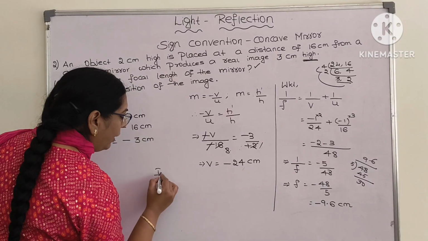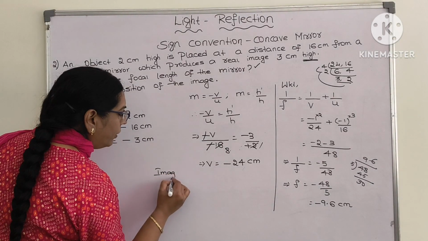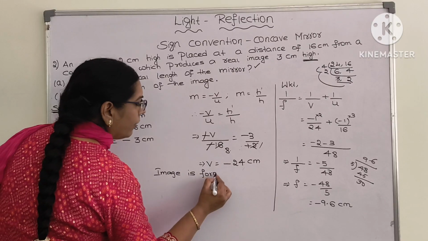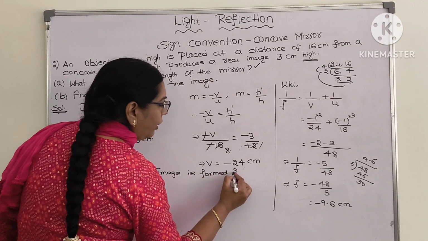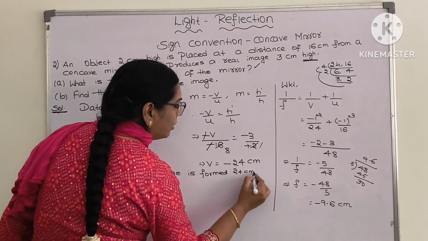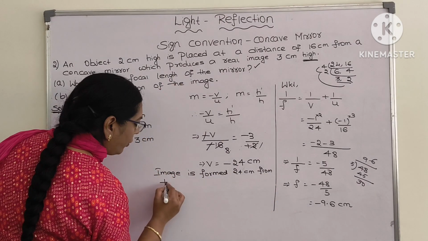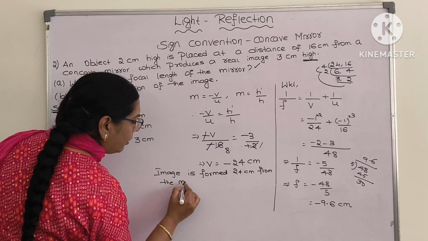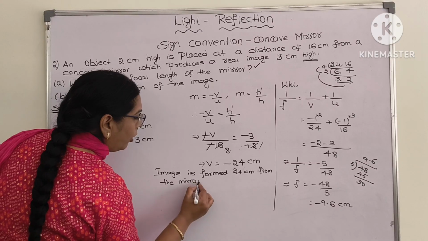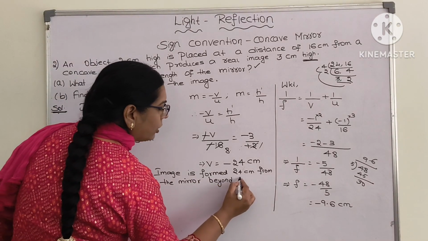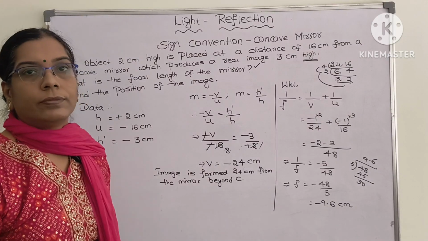You should say image is formed 24 centimeters from the mirror, beyond C. If you write this much, you will get the full marks, beyond C.